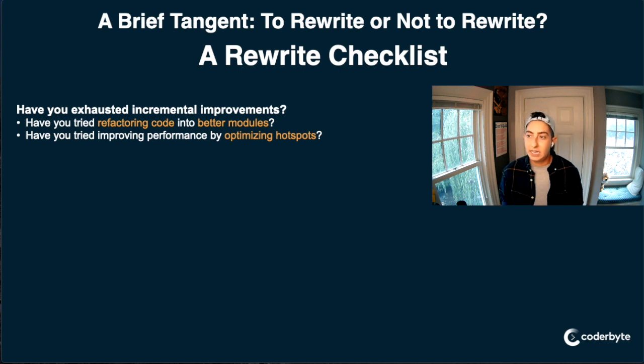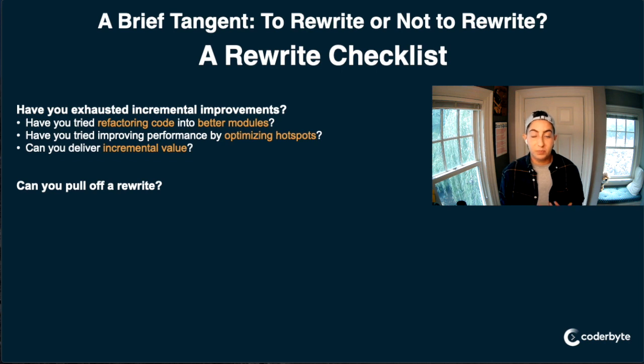This kind of means, are there certain ways the system is being loaded down, and have you specifically targeted those pain points and tried to make them better? Can you deliver incremental value? Is there a possible scenario in which, if you did this in an incremental way rather than a total rewrite way, you can still deliver value with each incremental change? So these are some of the questions you'd want to ask yourself before you do a rewrite.